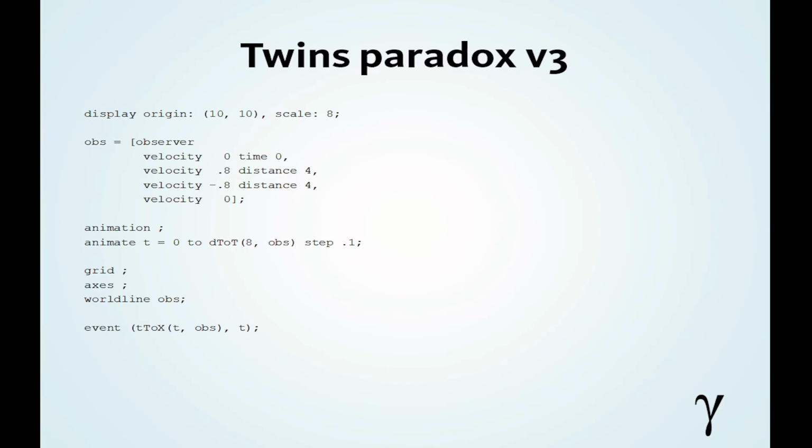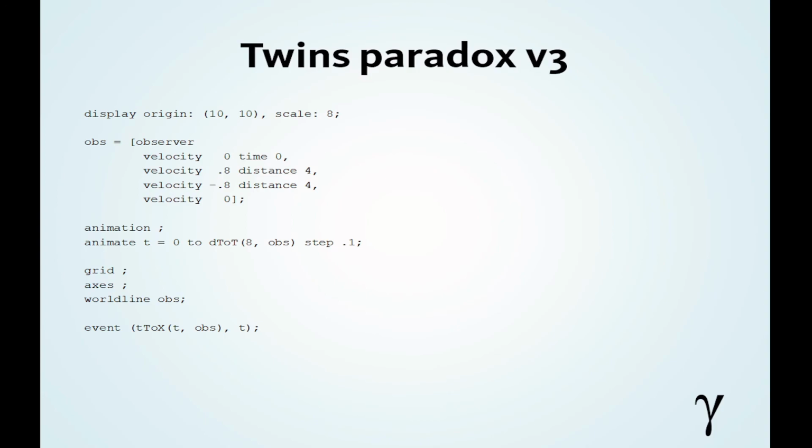And so when we get t, we'll know when the observer has traveled 8 light years. And that'll be the end of the trip. And we're going to step at intervals of 0.1. The animation is 30 frames per second. And so you can pick the step factor to get whatever speed you want.